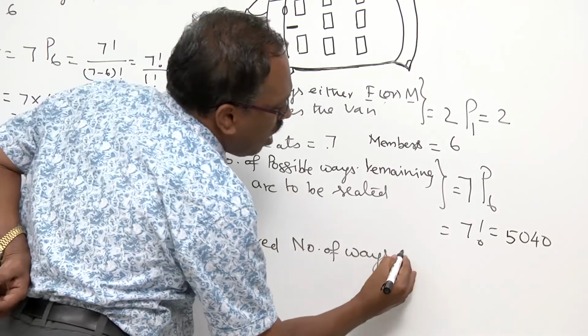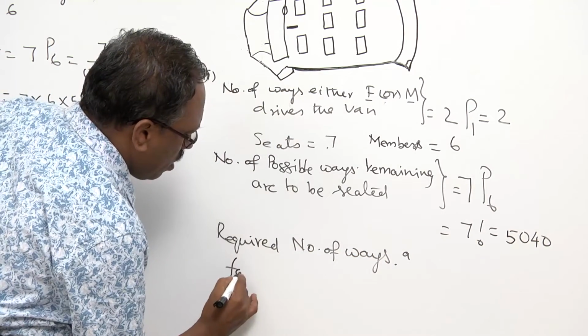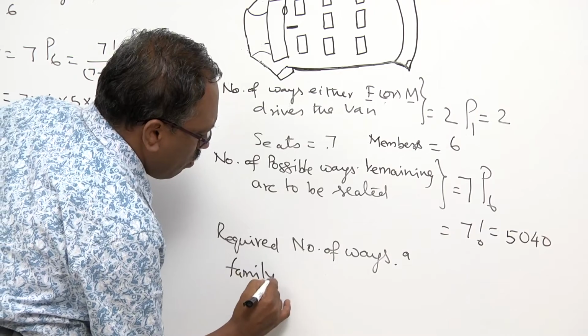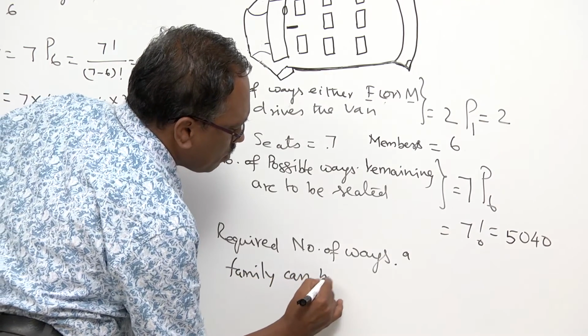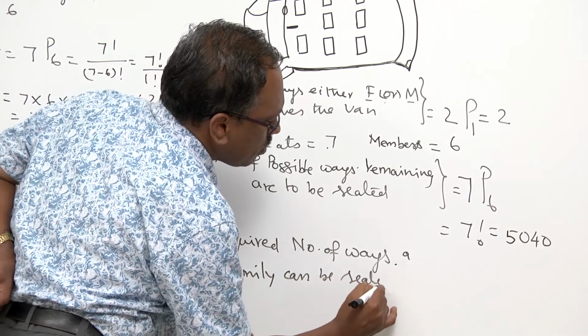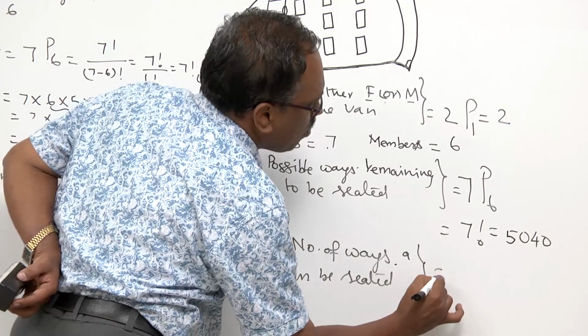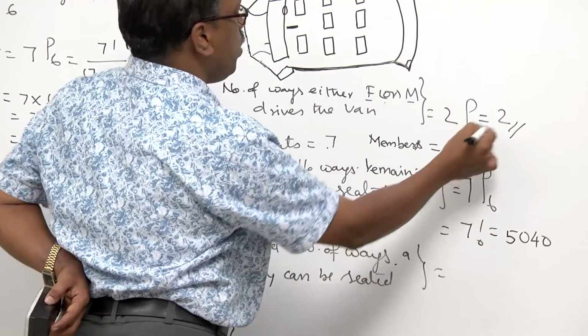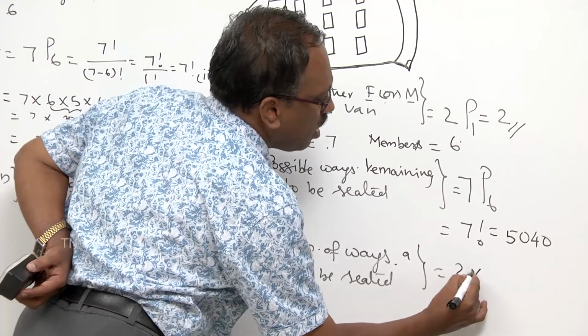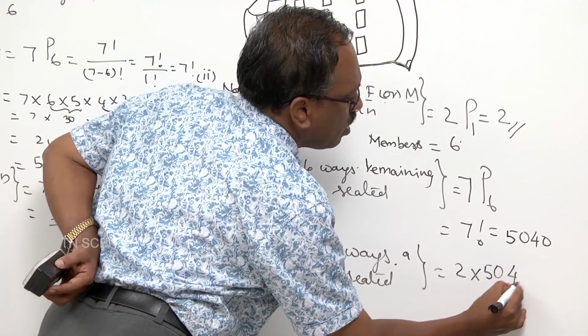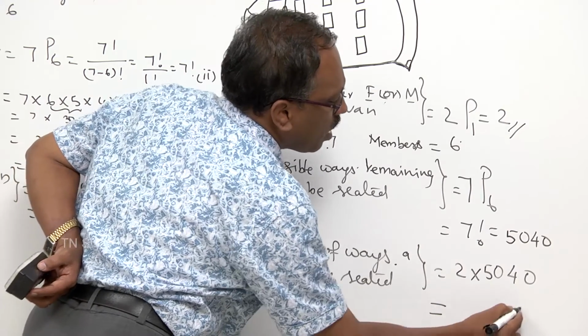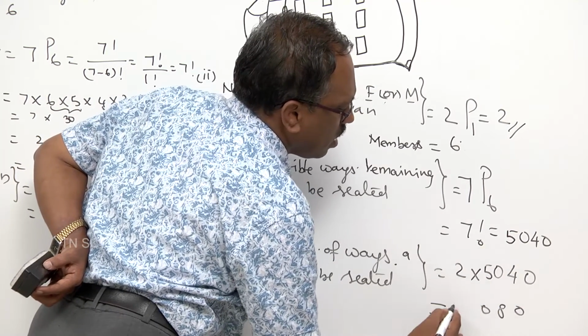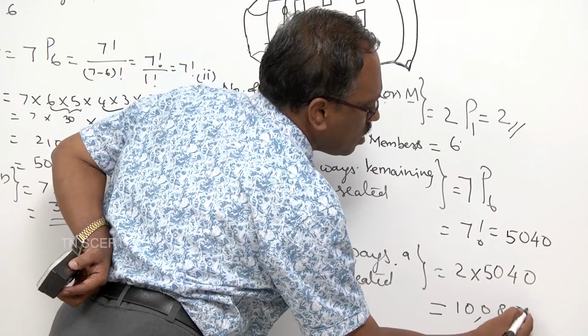Number of ways a family can be seated. That means 2 for the first part, here 2P1 is 2, and then 5040. Just multiply, you are getting this answer, that is 10,080 ways.